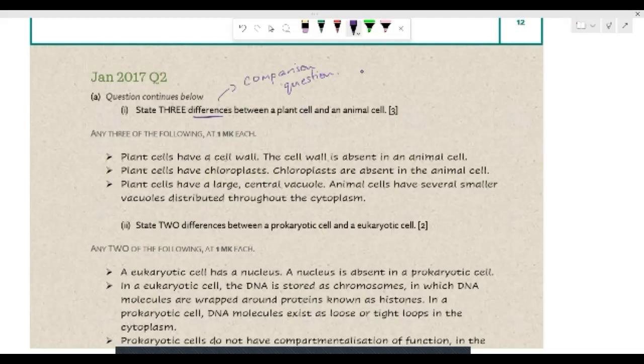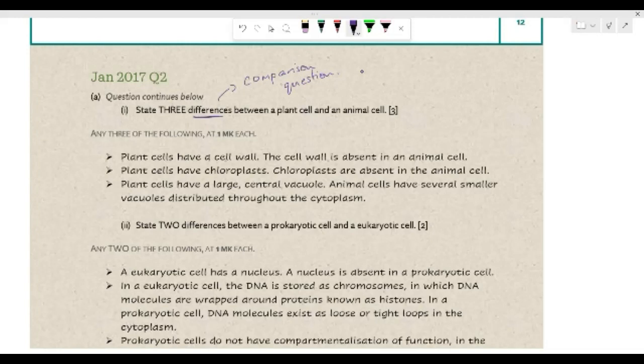You don't just talk about one side, all right? So instead of just saying plant cells have a cell wall, full stop, you need to give the opposite for the animal cell, right? So plant cells have a cell wall, and in animal cells it is absent.